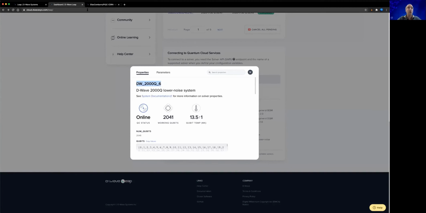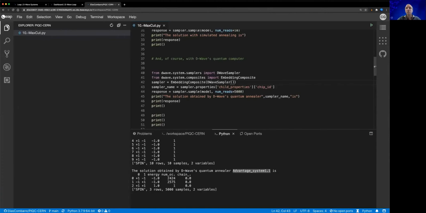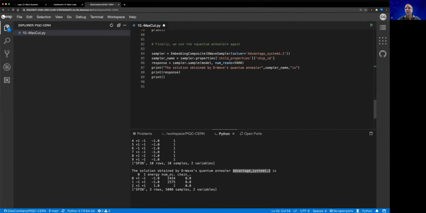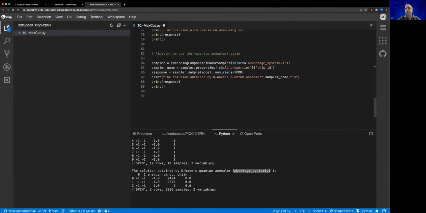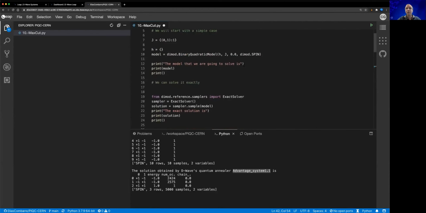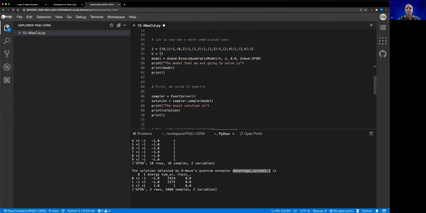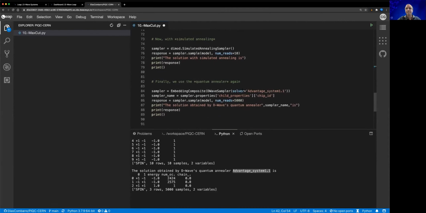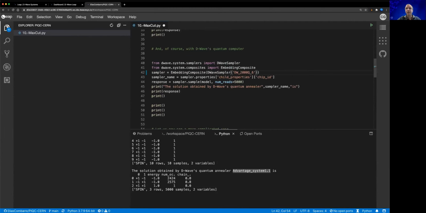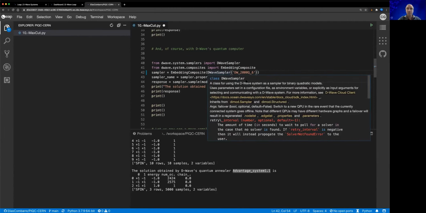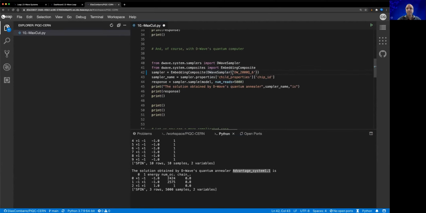I'm going to copy it here, and I need to use the order like I'm using here with solver. Okay, so let me go back. Ah, here. Okay, so solver is this one now. So I'm going to repeat this.